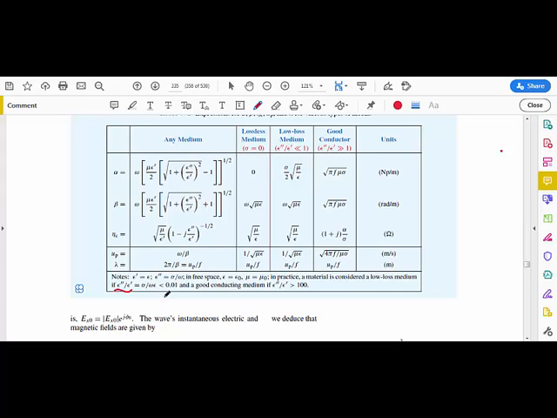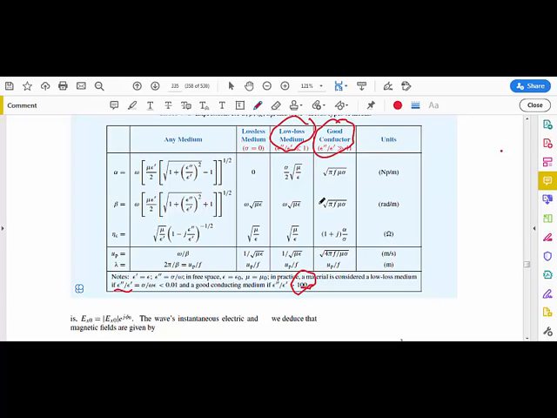So if this is smaller than 0.01, we could consider this material a low-loss medium, and if it's larger than 100, it could be considered a good conductor.